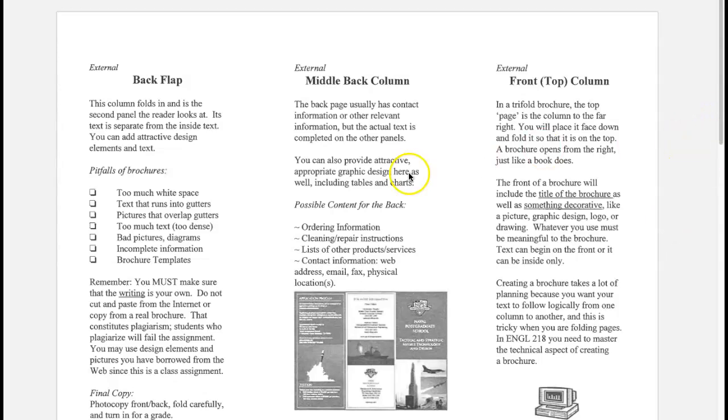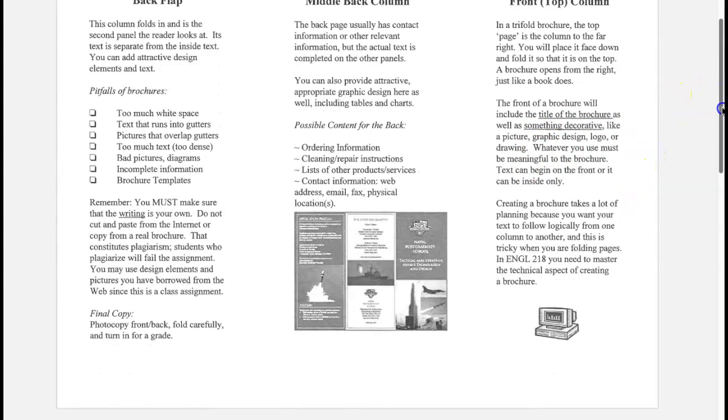But also keep in mind that brochures have short and straight to the point writing, so you don't want to have really long sentences, nor do you want to have very wordy sentences or writing. It should be very short and to the point, yet it should provide enough information.